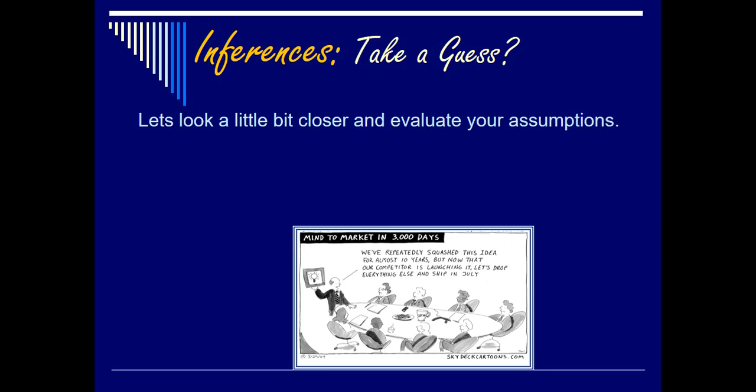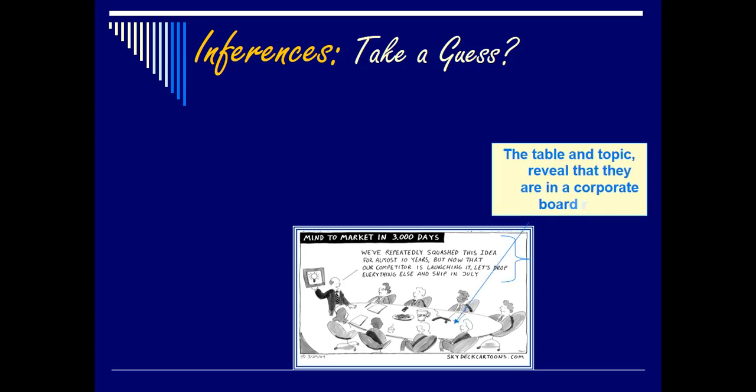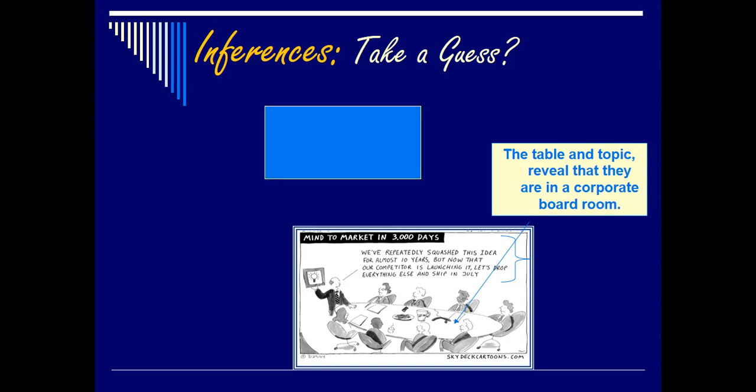All right, let's look a bit closer and evaluate your assumptions. Where are they? The table and topic reveal that they're in a corporate boardroom, right? Some kind of meeting. Who is the man standing in the front of the room?